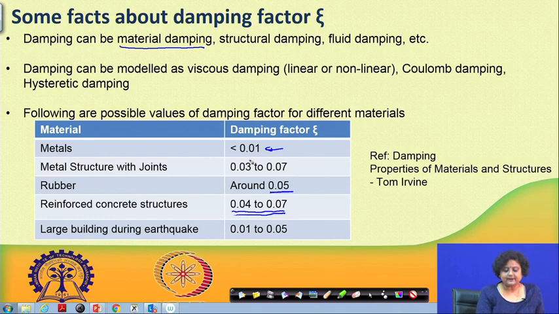Metal has a damping factor of 0.01, but for a metallic structure with joints, the damping increases to somewhere between 0.03 and 0.07. It also depends on the kind of loading it experiences. A concrete structure has between 0.04 and 0.07, but the same concrete structure undergoing an earthquake has been seen through experiment to have a damping factor somewhere between 0.01 and 0.05.